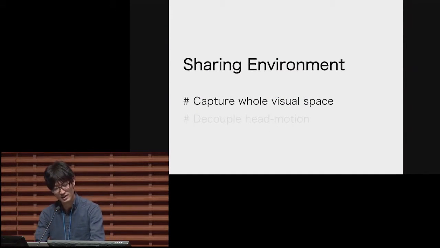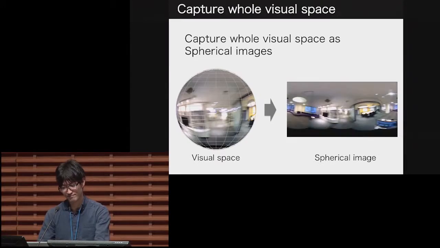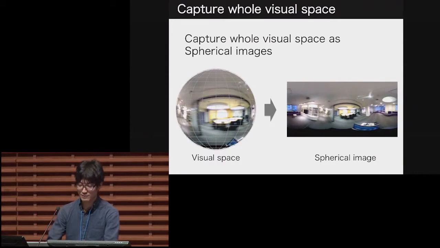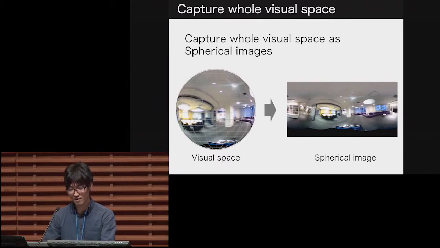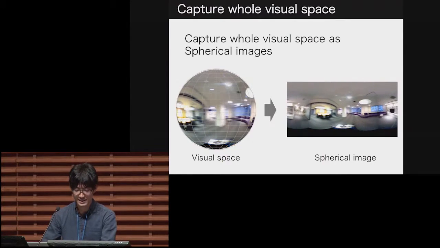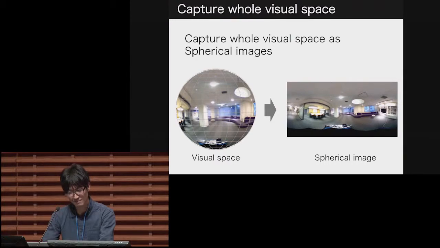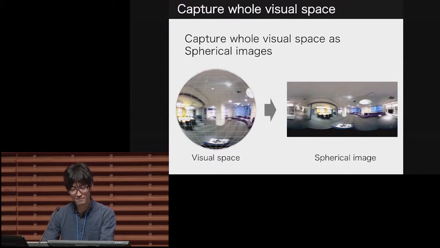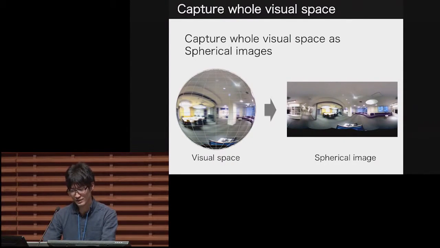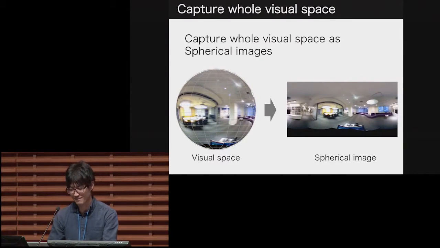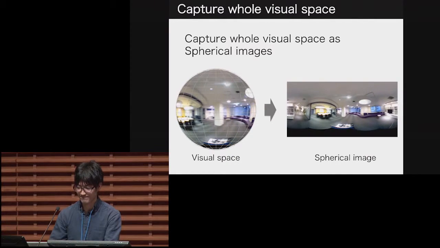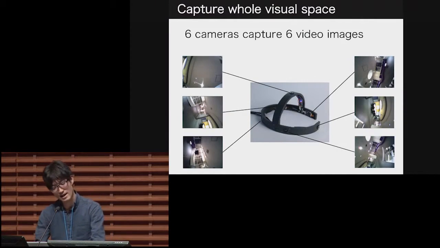So here, LiveSphere captures the 4π visual space in the body's environment using Headgear. In LiveSphere, the 4π visual space is recorded in the form of a spherical image. We use equirectangular projection to map the 3D visual space to a 2D image. This projection is often used in world maps.